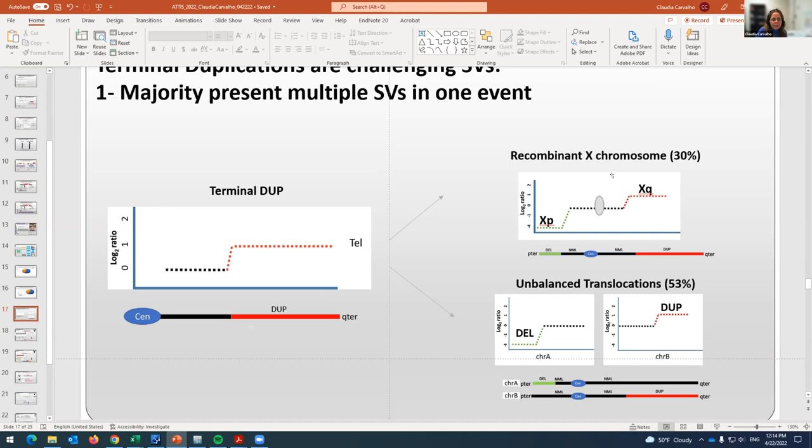The recombinant chromosomes are constituted by duplications involving MECP2 and a deletion involving the Xp region. The unbalanced translocations are 53% of all the terminal dupes that we have, and they involve duplication in the Xq region and the deletion of another chromosome.